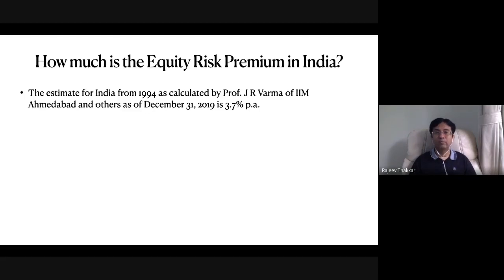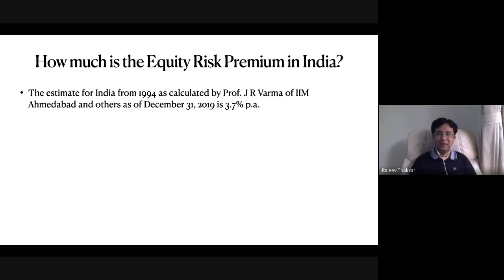So the question arises, if we are talking about the current risk-free rate of return in India of 3%, which is the treasury bill rate, and if we are talking about equity risk premium of 3.7% per annum, are we talking about equity returns of 6.7% per annum? Which is what this number would indicate.